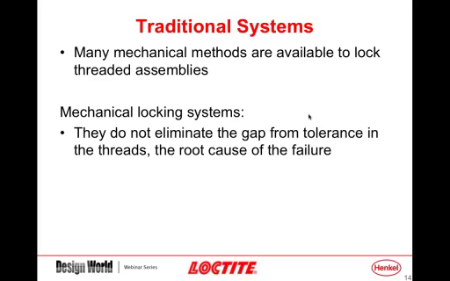But when you take a look at how they function, just keep in mind when we were looking at the cross-section of a threaded fastener, you have a gap between the two surfaces. Typically, they're not addressing that gap. They're not going to the root cause where you can get side movement. They're taking a totally different approach, which is to increase the friction to prevent loosening.